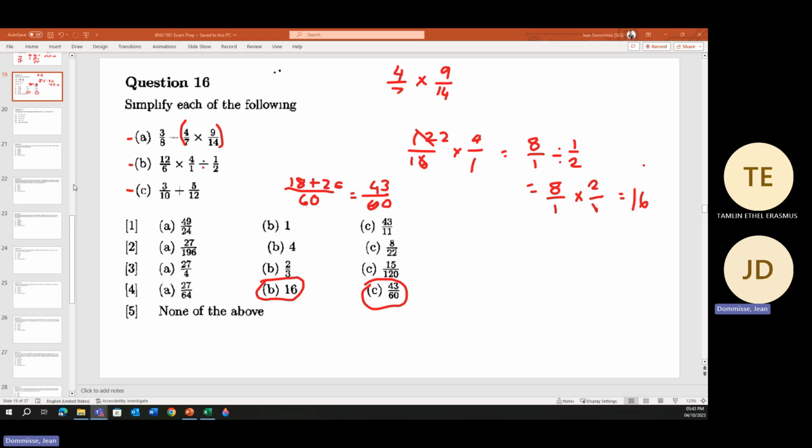I would rather first do some simplification on that one. So 2 goes into 4 twice, 2 goes into 14 seven times. So that's maybe an easy one to do first.